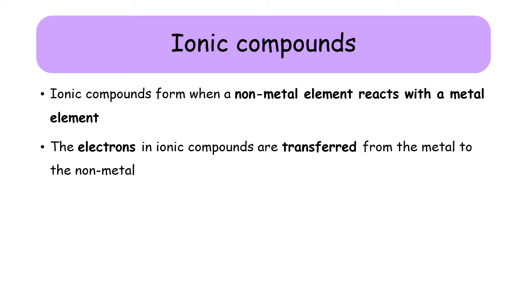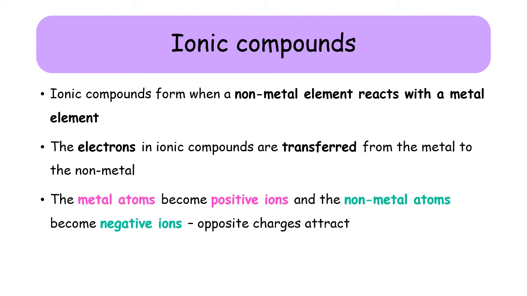So they move from the metal to the non-metal. And what this means is that the metal atoms become positive ions and the non-metal atoms become negative ions. Those opposite charges attract one another. The positive ions attract the negative ions, and that is our ionic bond.